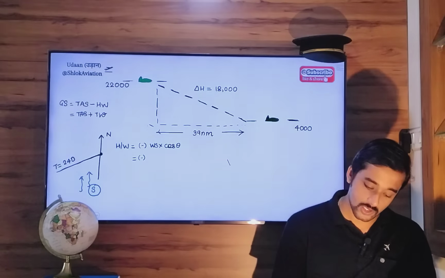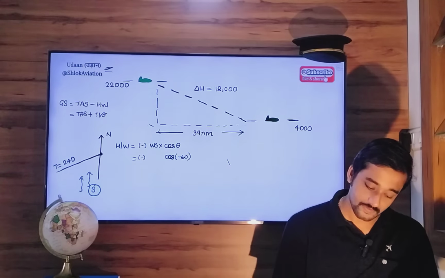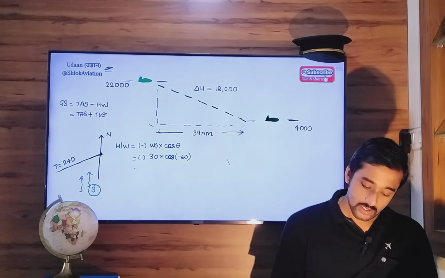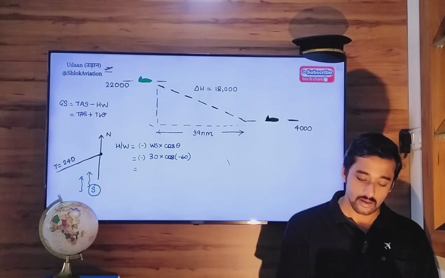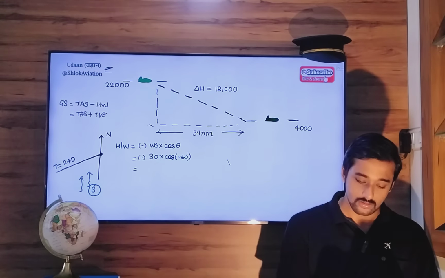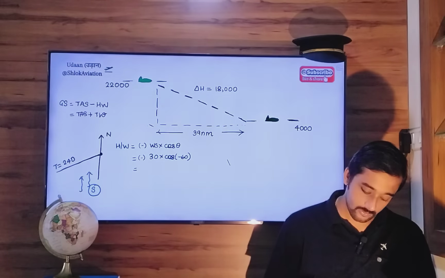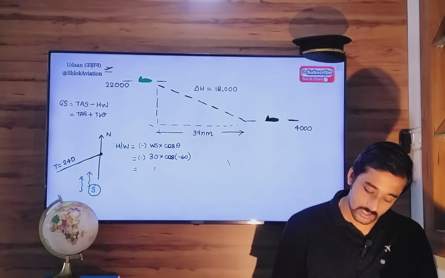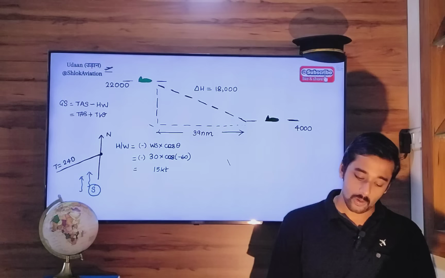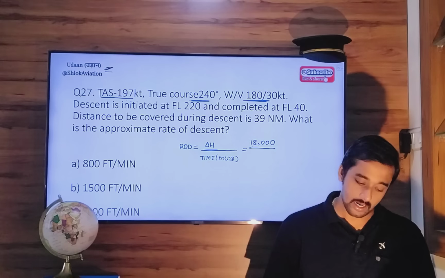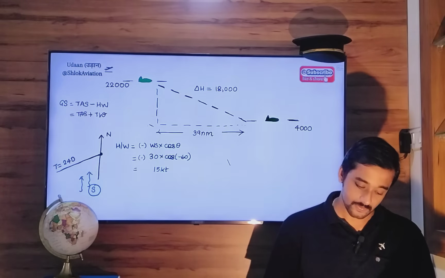Wind minus course, so cos minus 60, wind speed is 30 knots. Cos 60 is essentially half, so that is 0.5. So 30 into 0.5 is 15 knots. And now we have minus sign and minus sign, correct? So 180 minus 240, so minus minus is plus.